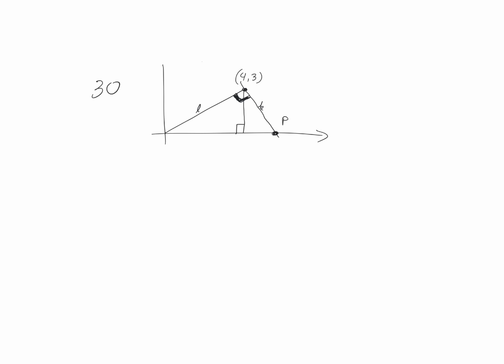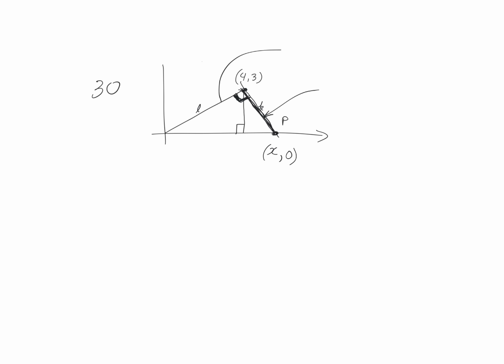Well, to find the coordinate of point P, the simplest way to do it is to find the slope of this line. We know that the x value is unknown, so it's going to be x. But then the y value of that point is going to be 0. So if we can get an equation for this line right here, then we can simply solve for the x value.